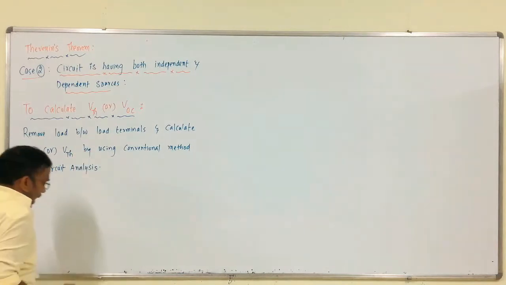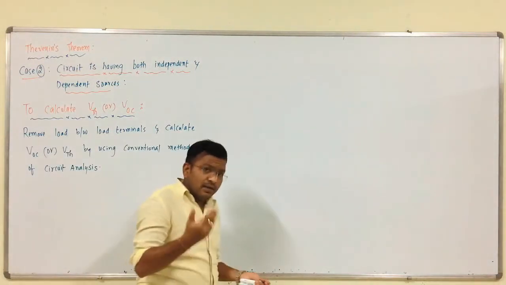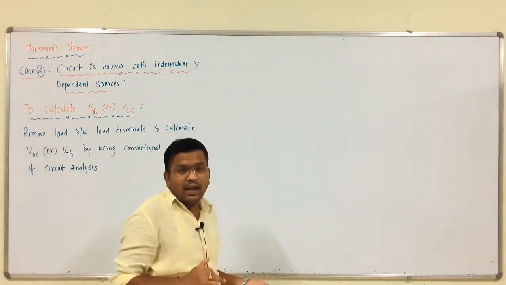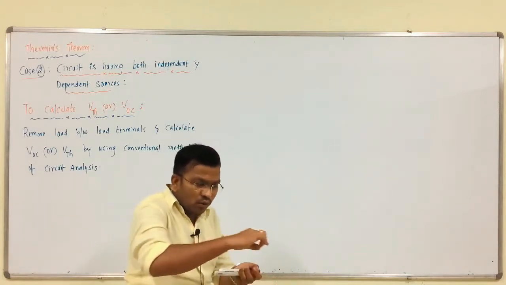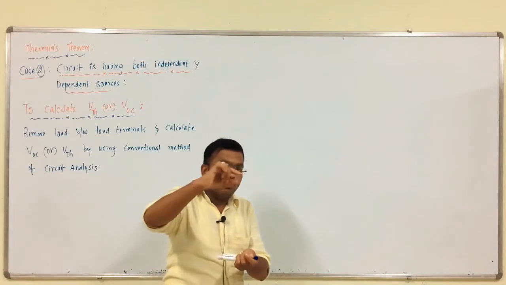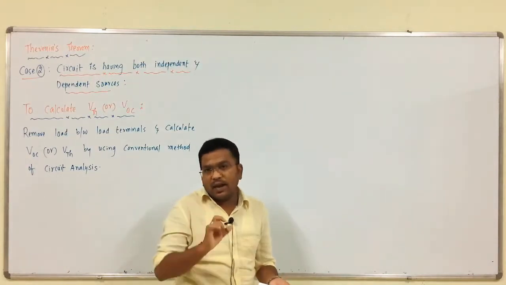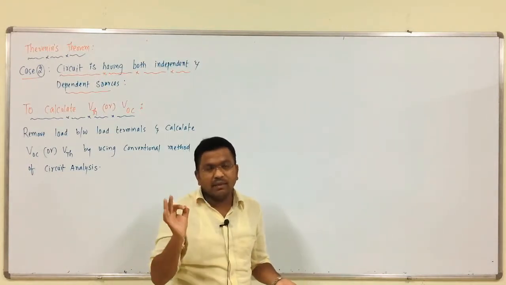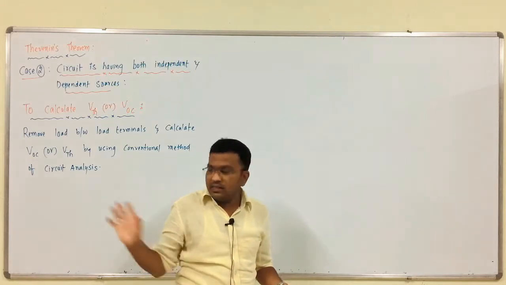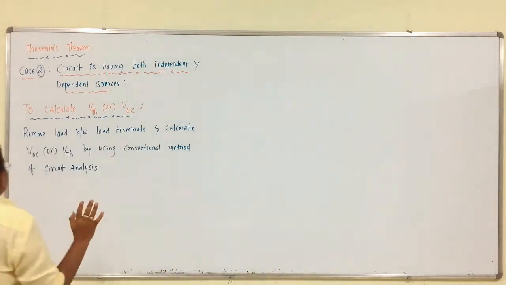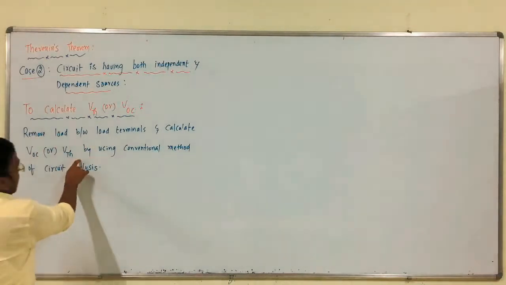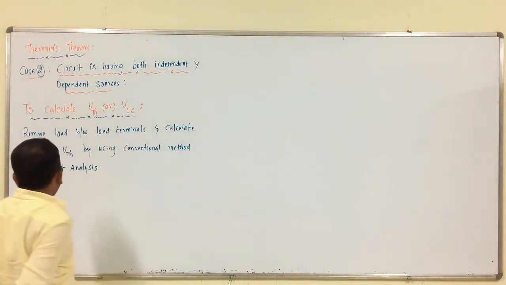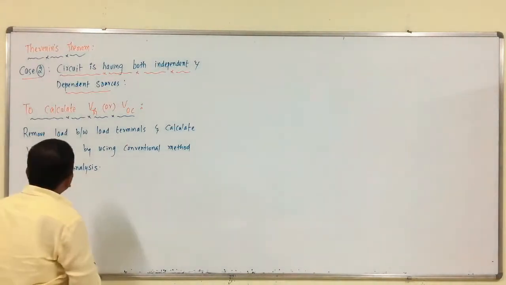To calculate VOC we have to follow the conventional method, whether it is nodal analysis or mesh analysis, whatever it may be. Simple, we have to remove the load branch, and between those open circuit terminals we have to calculate the open circuit voltage, that is nothing but Thevenin's voltage, that is VTH. Okay.